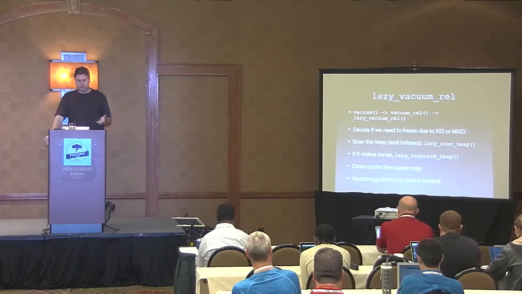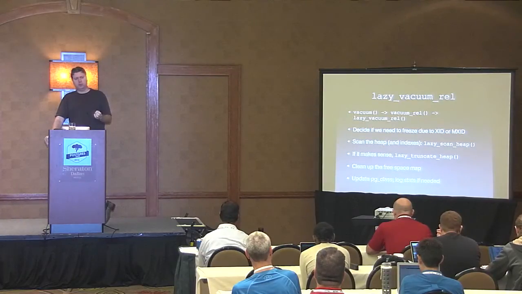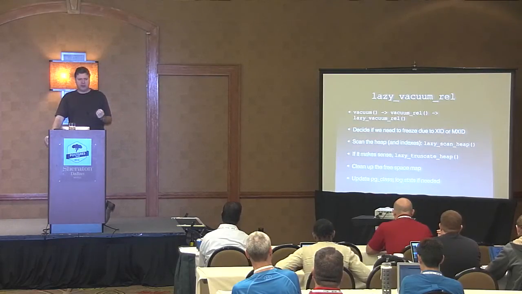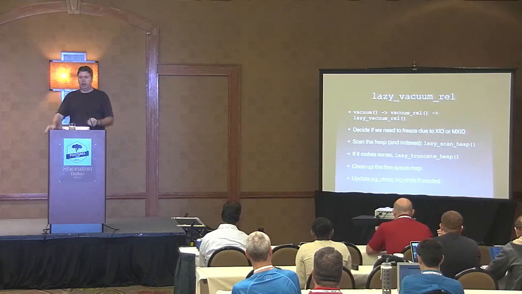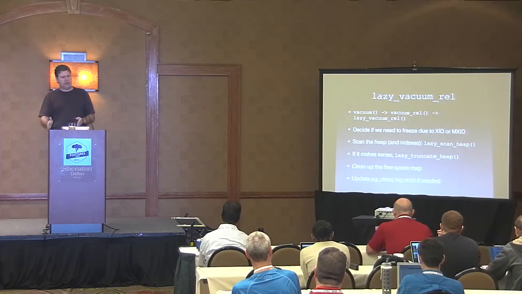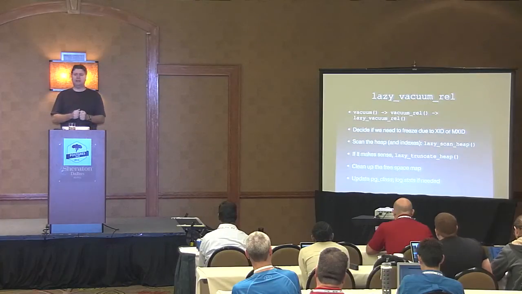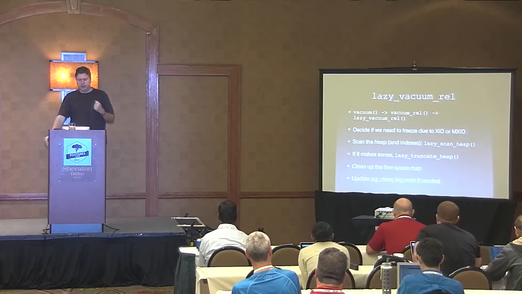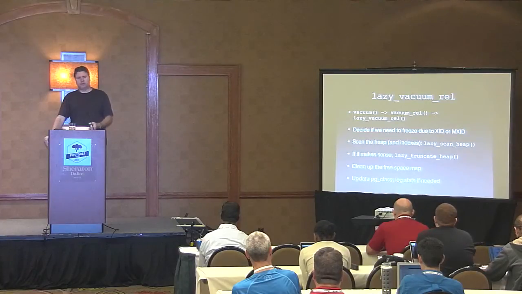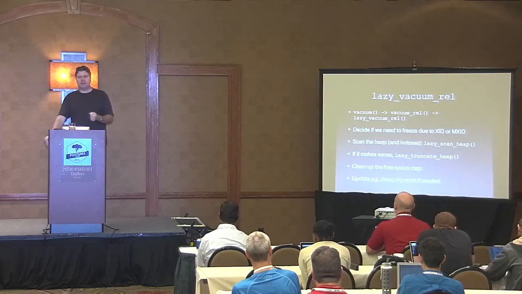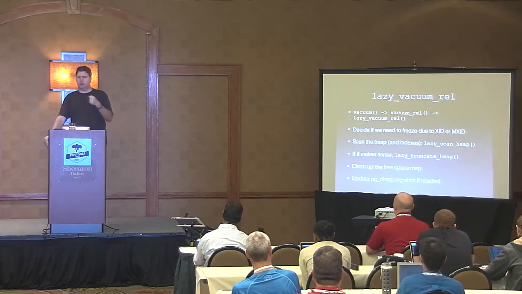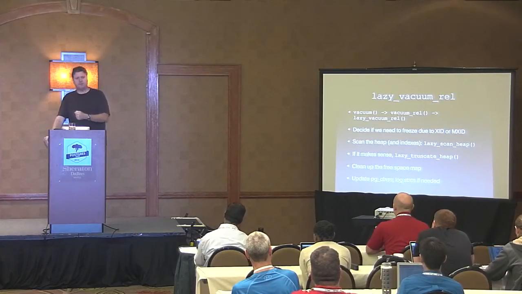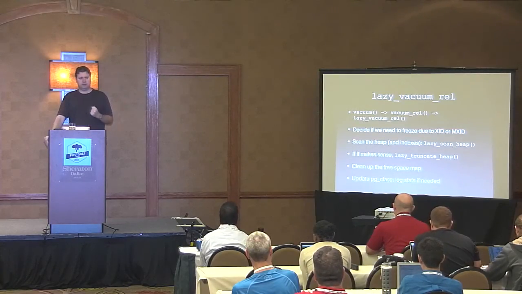First thing it does is look at the statistics for that table in pg_class, looks at the frozen transaction ID and the frozen MXID, and then looks at our current transaction and MXIDs and says, do I need to freeze this table? If the frozen transaction point for that table is close enough, it's going to say, guess what? This vacuum is going to be a freeze vacuum. We're going to do extra work. We're going to scan the entire table and make sure that we freeze as much as we can.